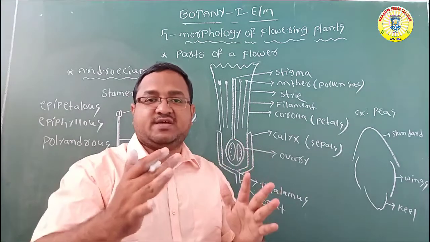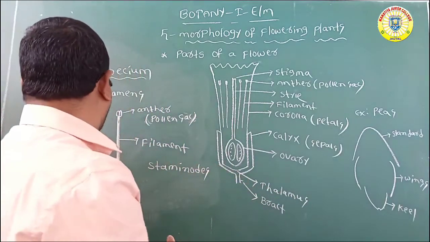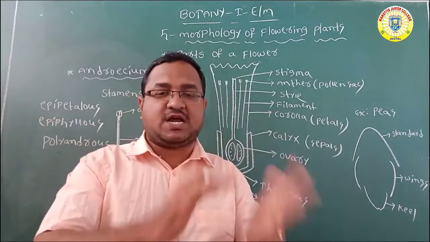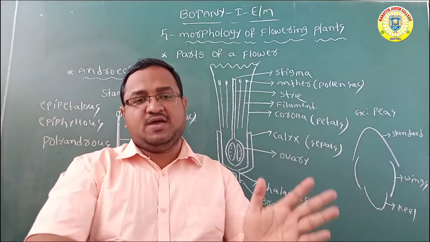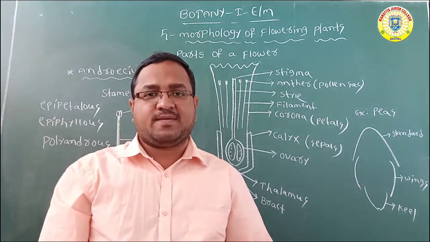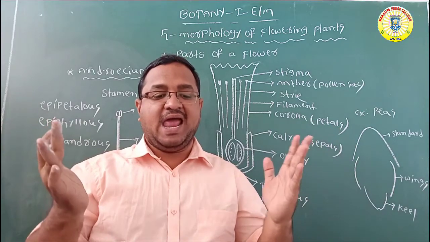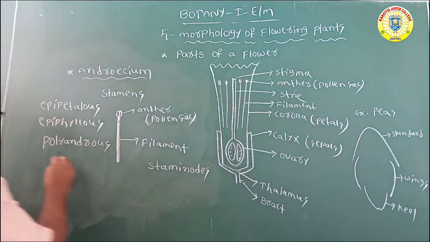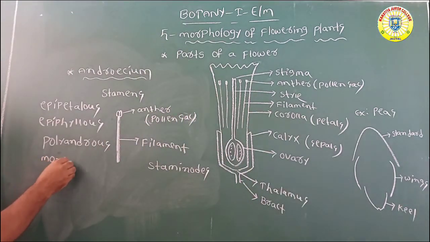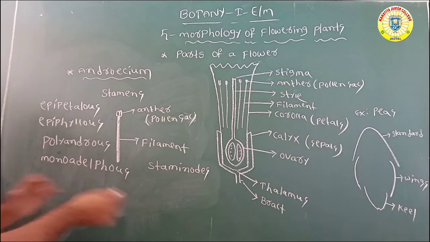Suppose the stamens are free, there are no groups: we call that polyandrous. If the stamens are combined and form bundles, one bundle means monadelphous.